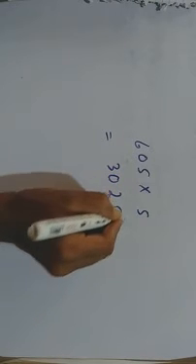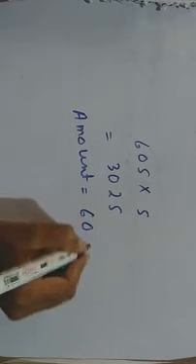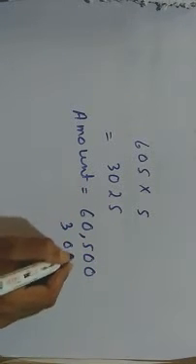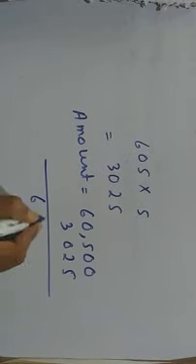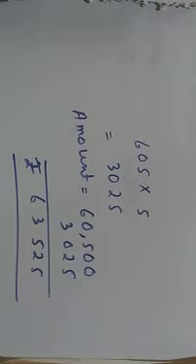How much? 605 multiply 5, 3,025. So after 2 years, how much does he have to pay? 60,500, and for 6 months he has to pay 3,025 rupees. So 63,525 rupees. This is your answer.